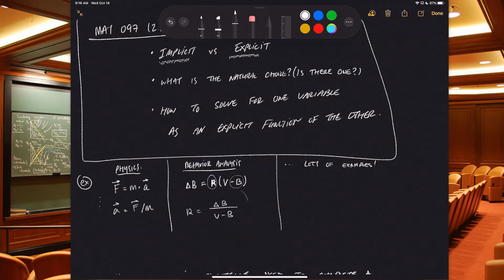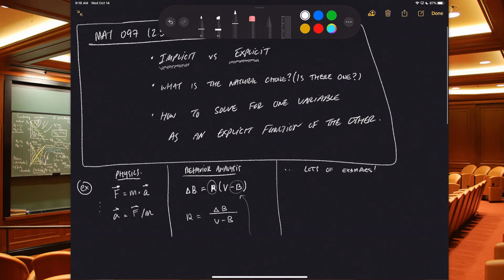What must my value placed on this behavior be based on all the other factors that are here? So again, the possibilities are kind of endless, and depending on the context, it changes how we talk about it. But this is just to show you that there's tons of examples. I don't expect you to understand behavior analysis or physics for this course, just to show you that there's real consequences of what we're talking about.